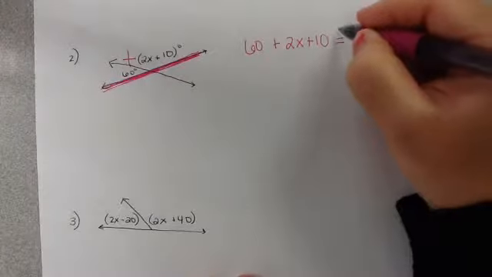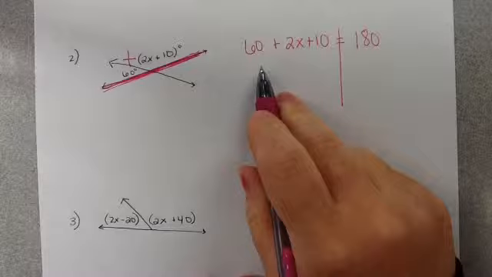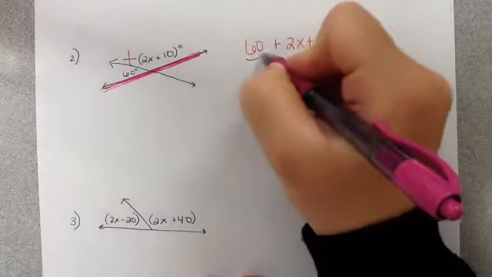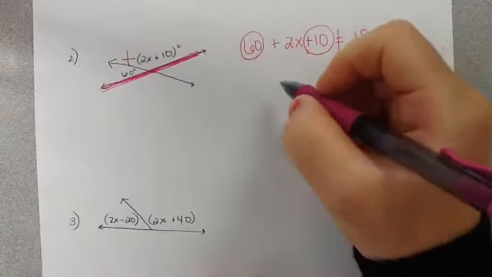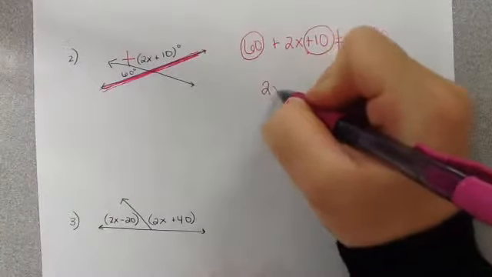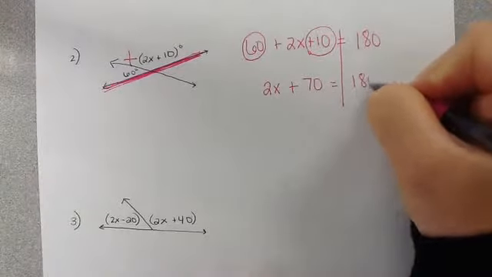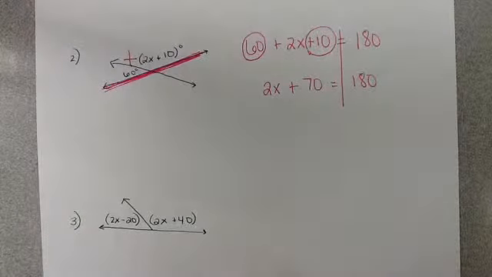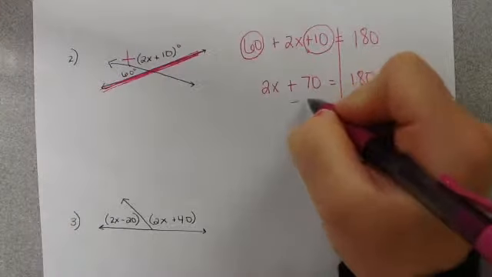Let's see how you did. On the left, what pieces did you put together? 60 and plus 10. So I have 2x plus 70, and that equals 180. What'd you do next? Get rid of what is not attached.